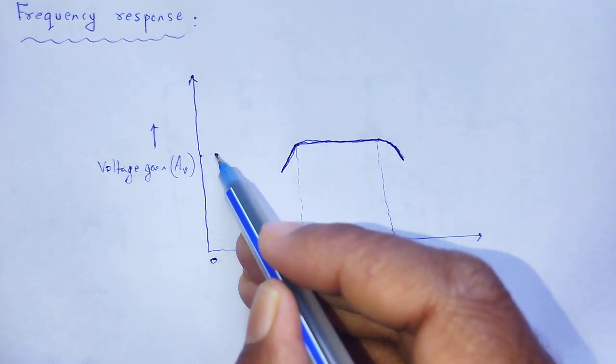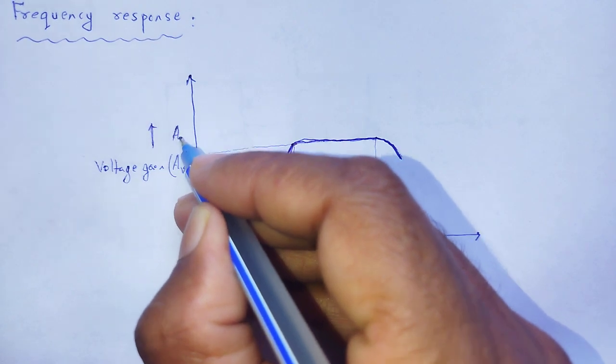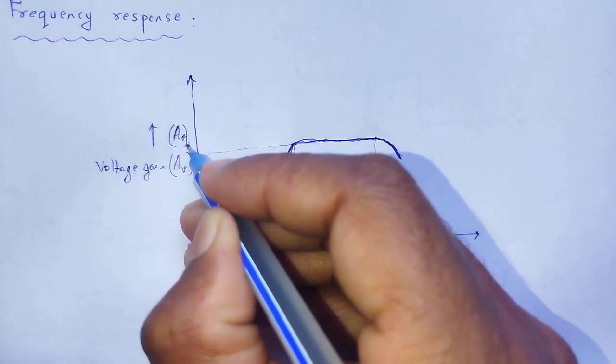That is the maximum voltage gain, A V max.